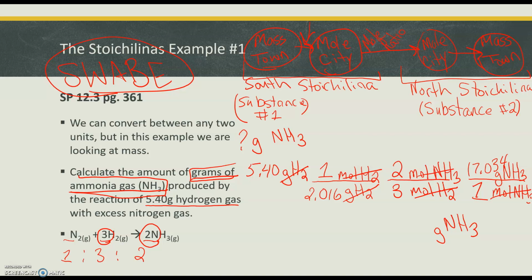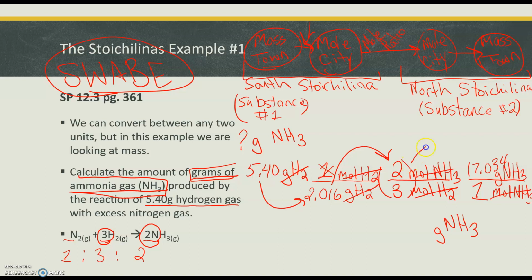Now we're at the point where we're going to do our math. 5.4 divided by 2.016, because remember, 1 doesn't really do anything. Then we have to multiply by 2/3. This is a fraction, so we have to multiply it like this.